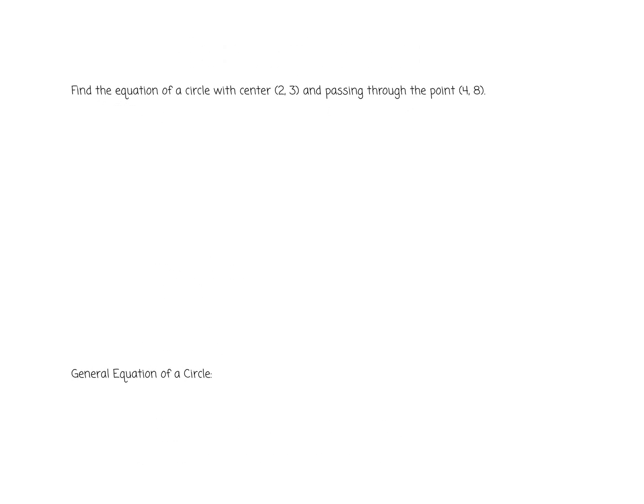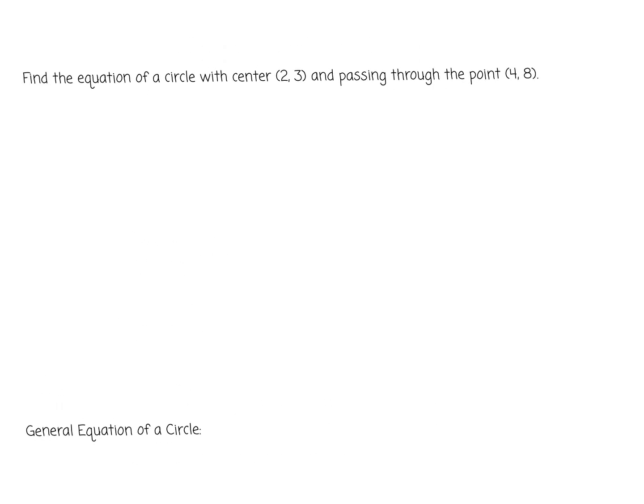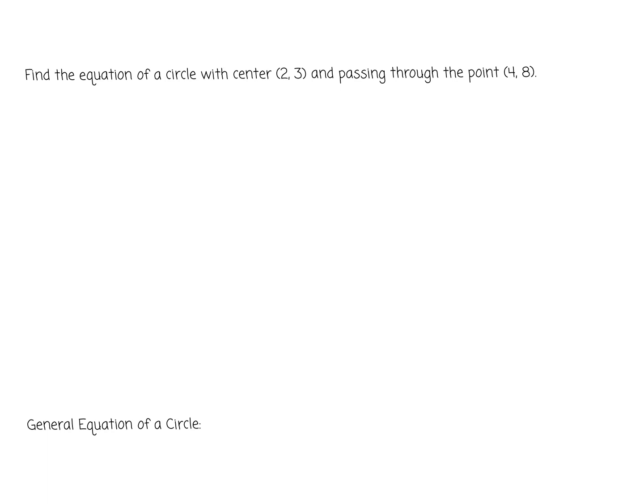So another thing we can do is, if we know where the center is of our circle and we know a point on the circle, we can use that to find our radius. So I know that my circle has a center of 2, 3, and it passes through the point 4, 8. And I want to write the equation of that circle.